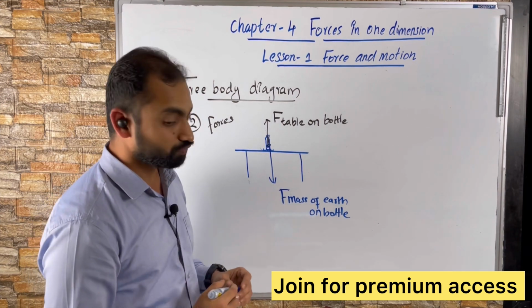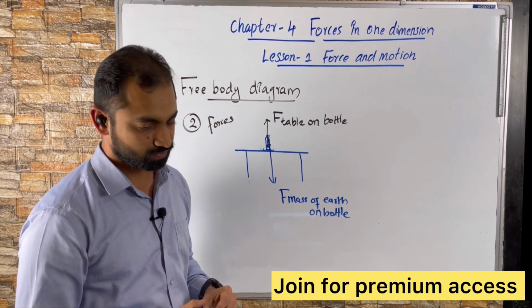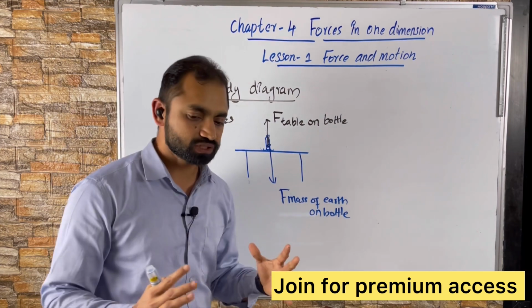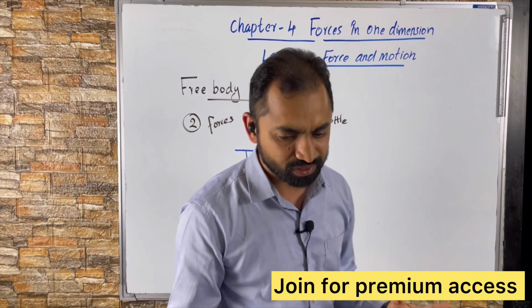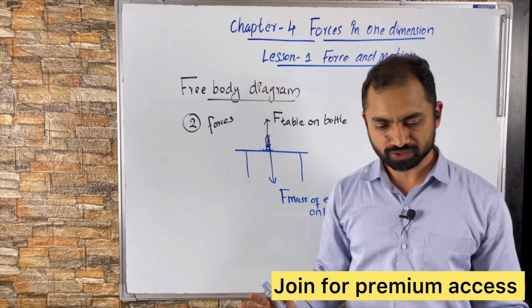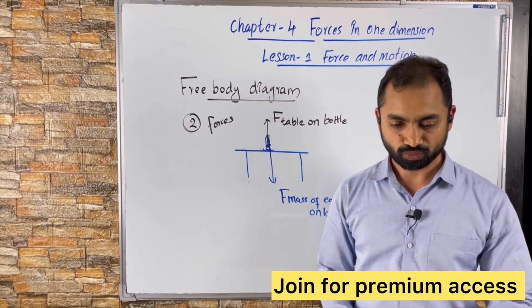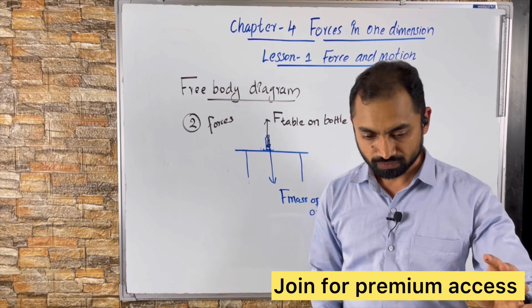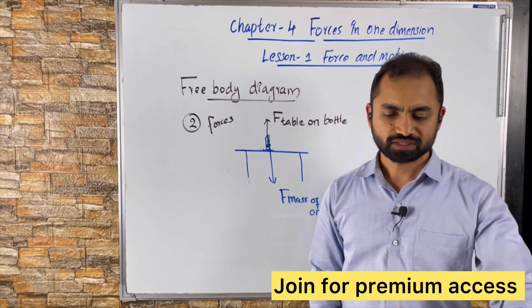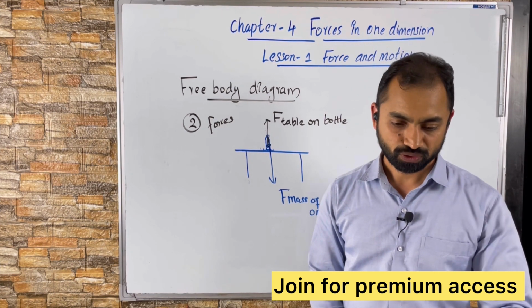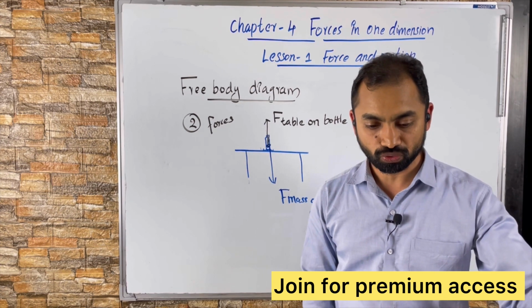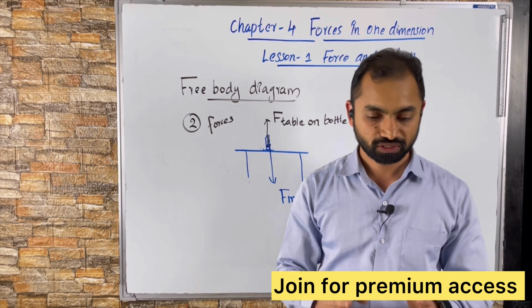Now we will draw a free body diagram for this. So what is a free body diagram? A free body diagram is a simple way to represent all the forces acting on an object.